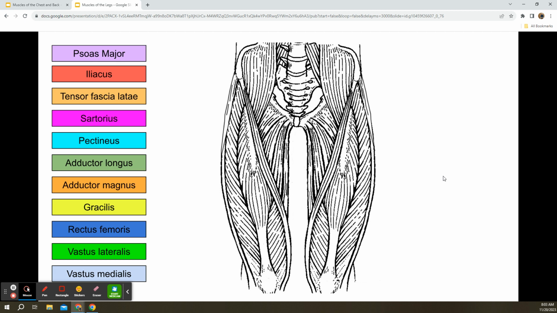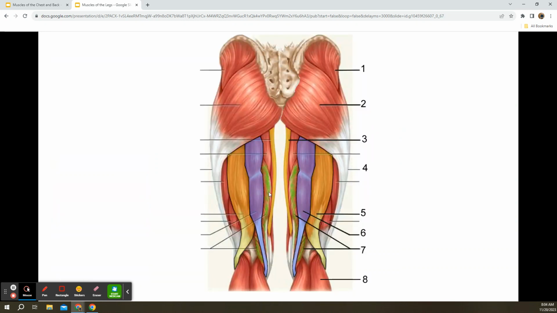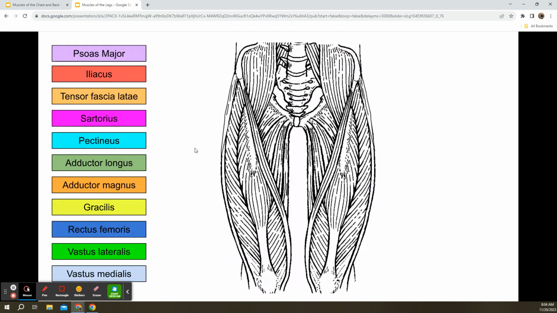This is something we will cover a little bit more when we get back from break. So just go ahead and focus on the posterior view of your legs, and then the chest and back, and then we'll cover the anterior view when we get back.